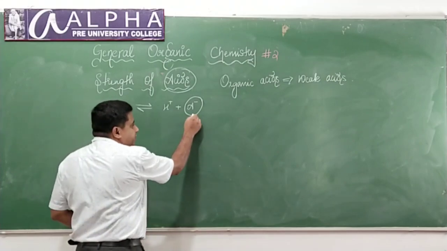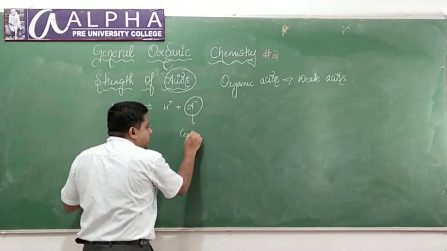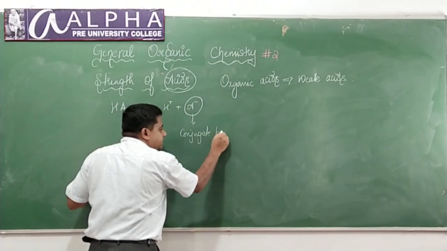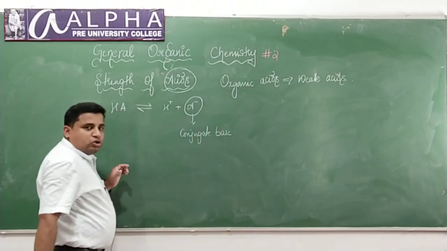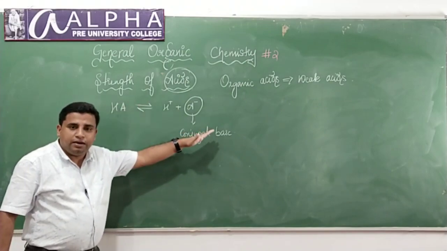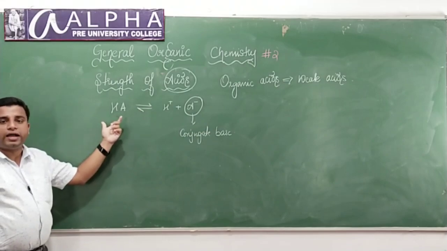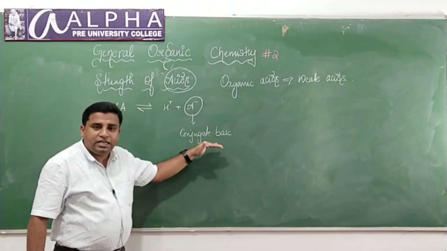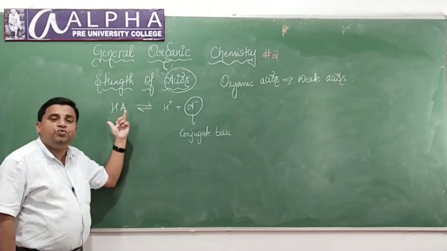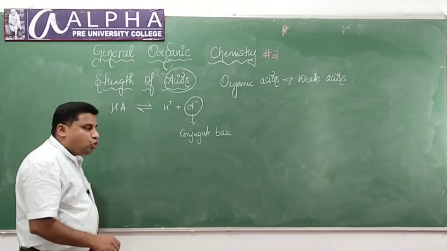This is nothing but the conjugate base. Is that correct or not? So if the conjugate base of an acid is more stable, then the acid is going to be a strong acid. If the conjugate base of the acid is less stable, then the acid is going to be a weak acid.